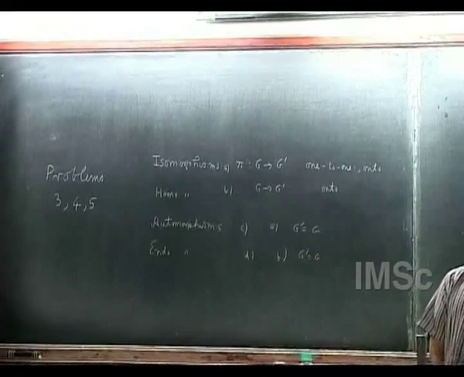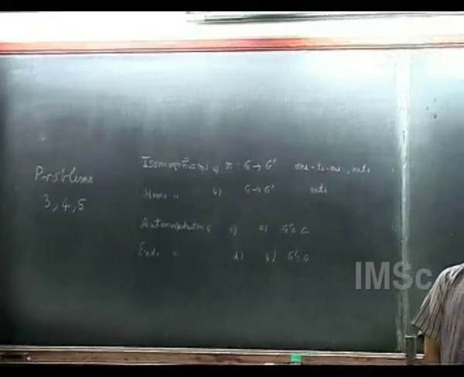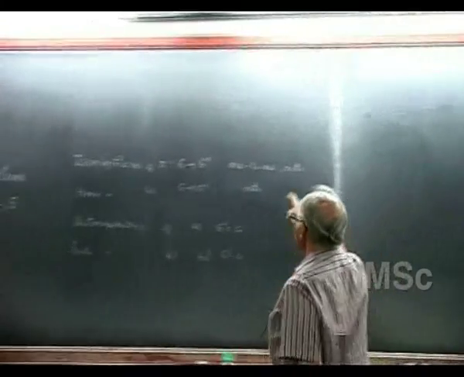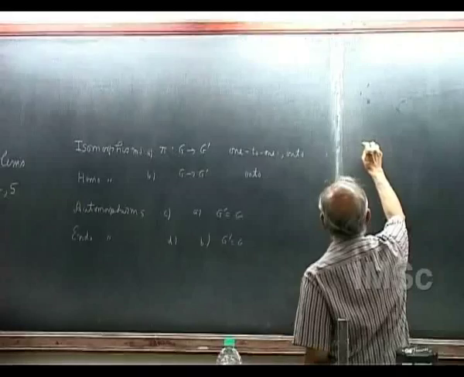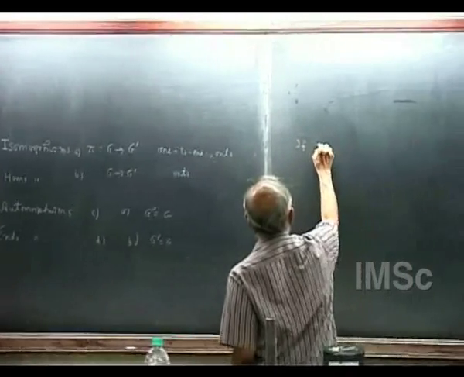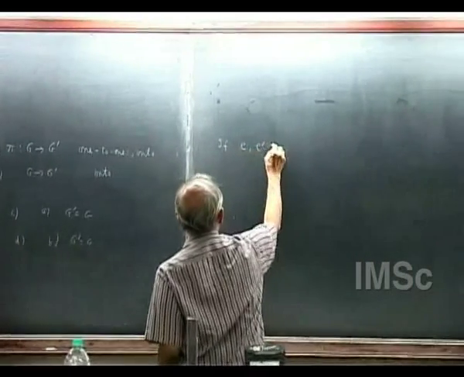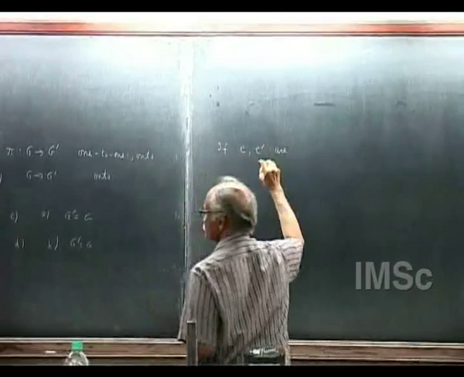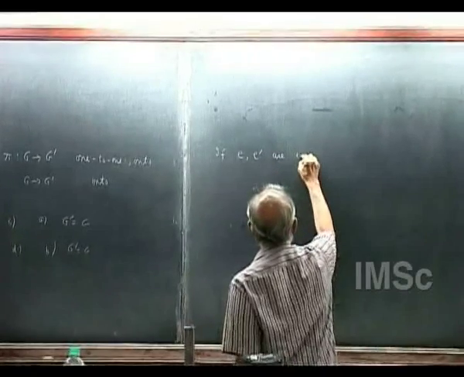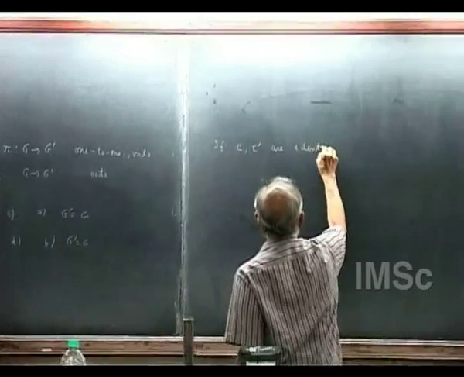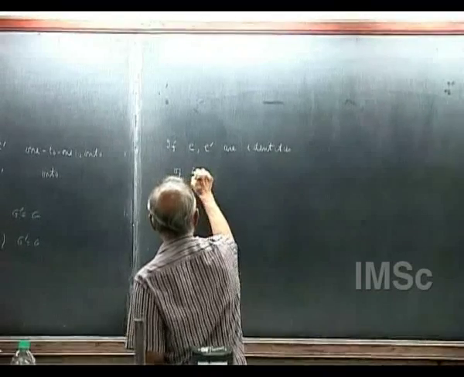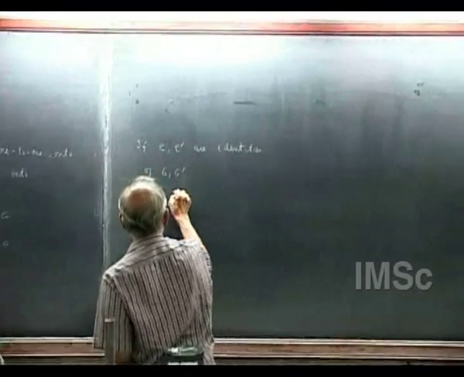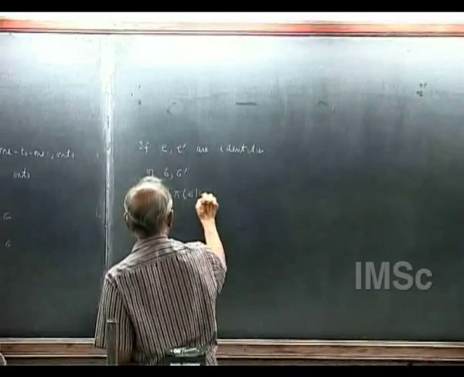Last time, Jean suggested one of the fundamental properties, namely if E and E prime are identities of G and G prime, then phi of E is equal to E prime.